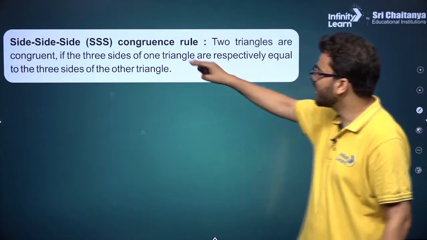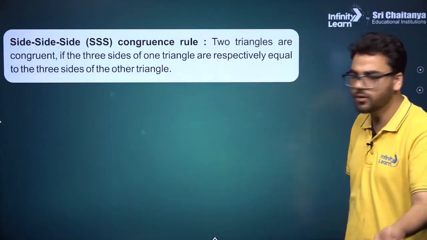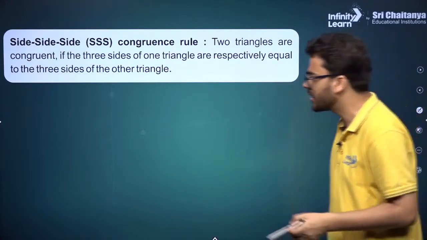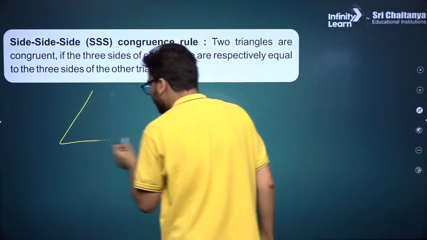So this is the side congruency rule. It goes by its name only. If in two triangles corresponding sides are equal, then the triangles are congruent by SSS congruency criterion.